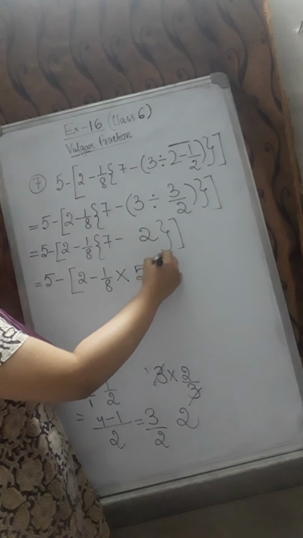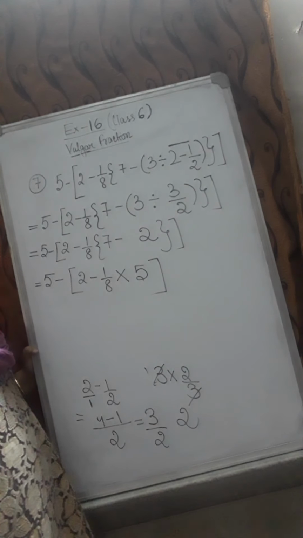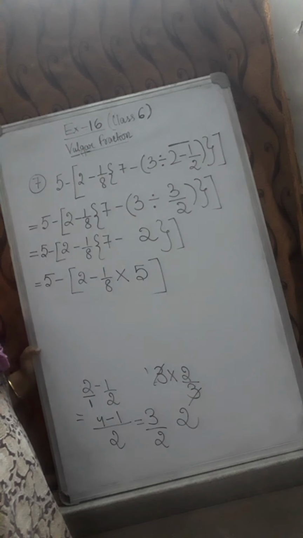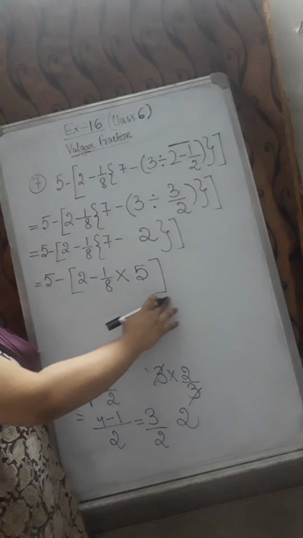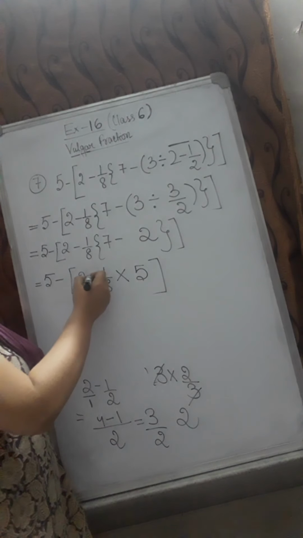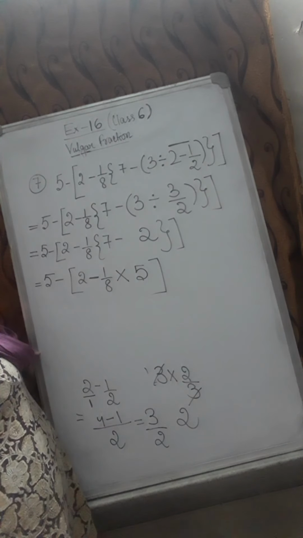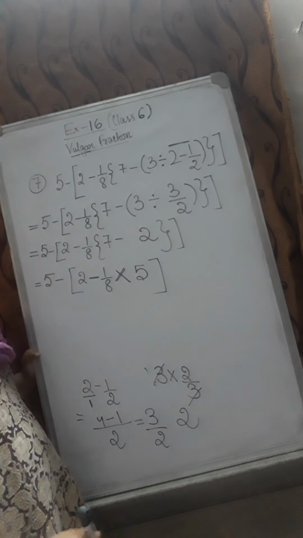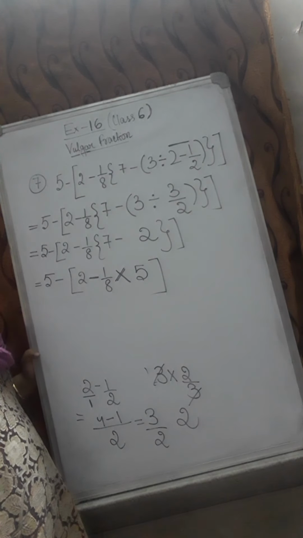Now close the third bracket. We have already solved the second bracket, so close the third bracket. Now we will solve the third bracket portion. Inside the third bracket you can see there is a minus sign as well as a multiplication sign. So which part will you solve first?